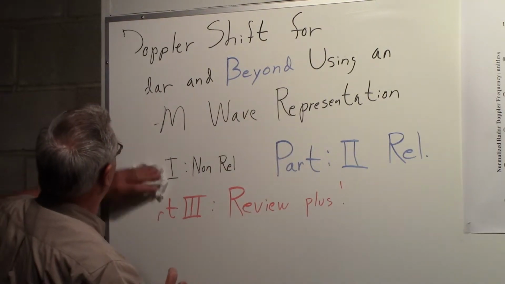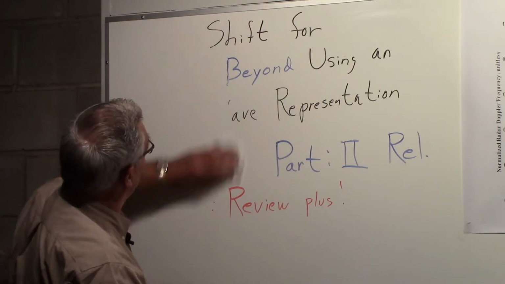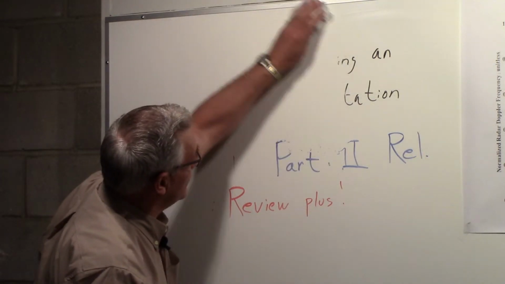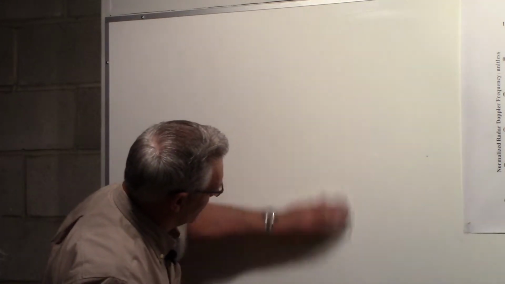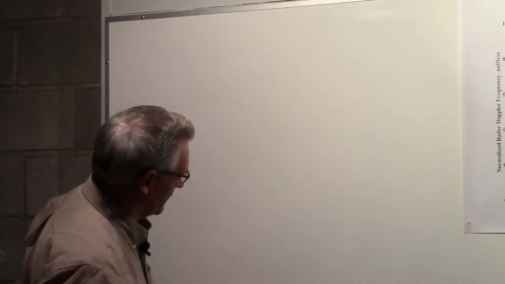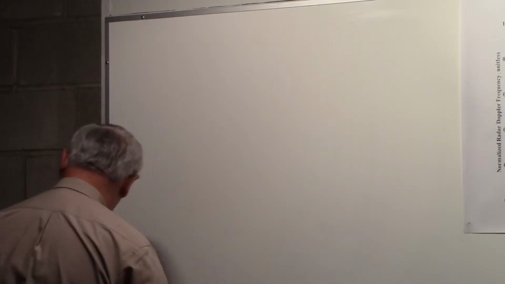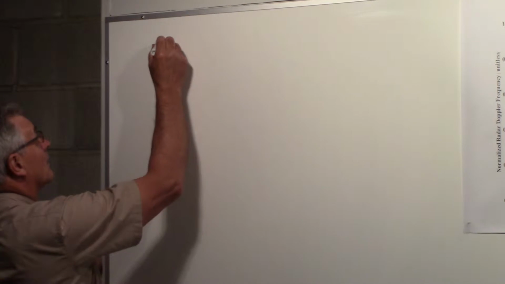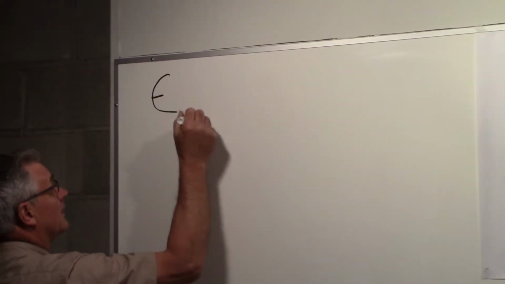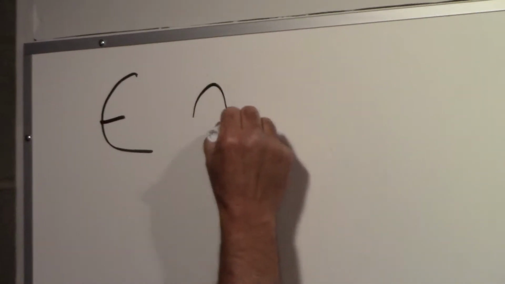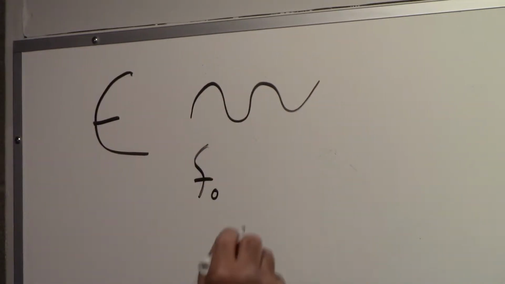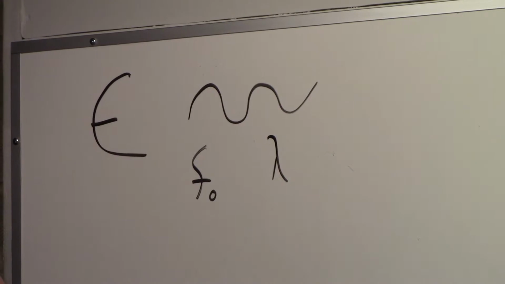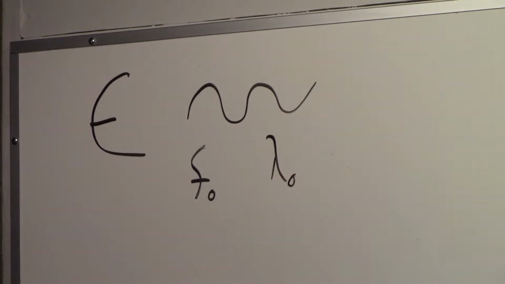First thing I want to go over is the Doppler for the radar, for both the non-relativistic and the relativistic case. So here's our radar, and it's putting out a wave. The frequency of the wave is f0, and the wavelength is lambda zero.